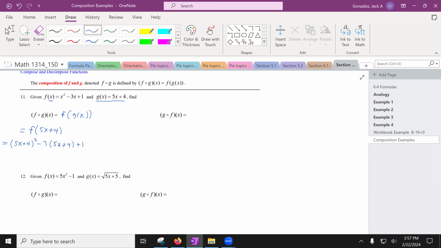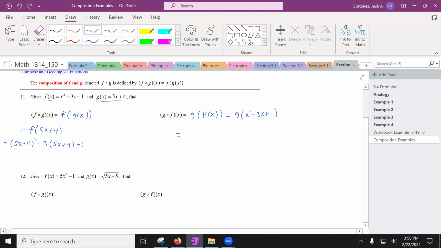So then it would be G and you input the F. Right, this is G of F, which means G will receive all that. Then that becomes, what does G do?